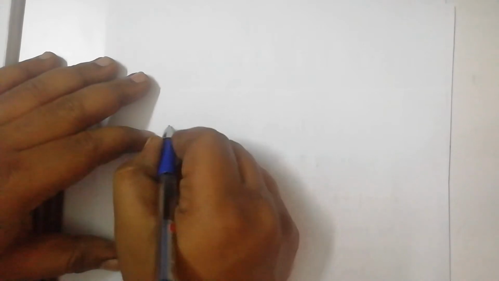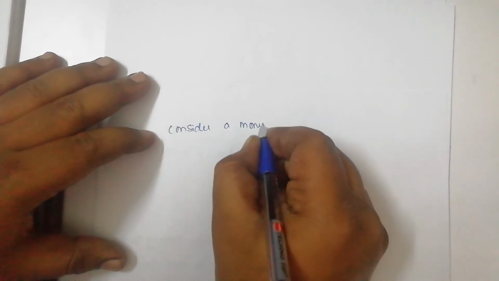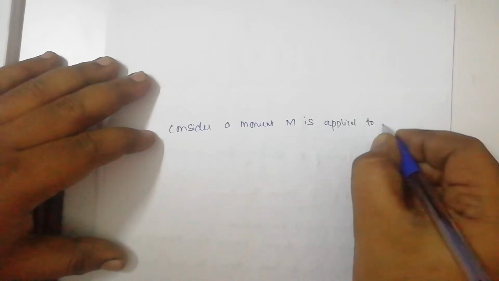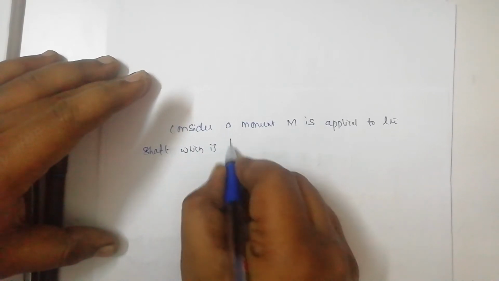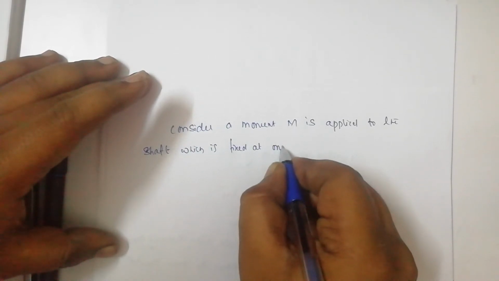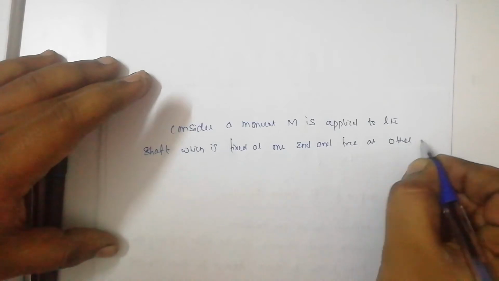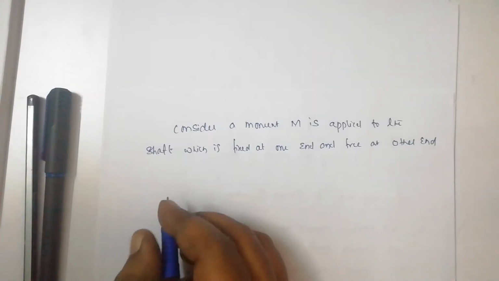Now, the first thing we write in this derivation is: consider a moment M applied to the shaft which is fixed at one end and free at the other end, same as a cantilever.